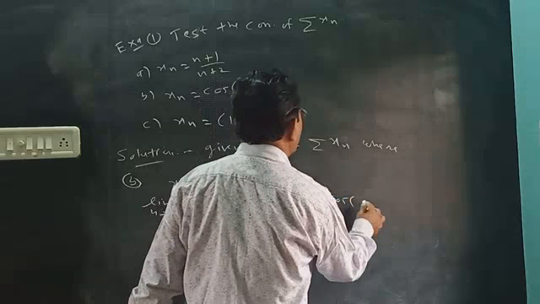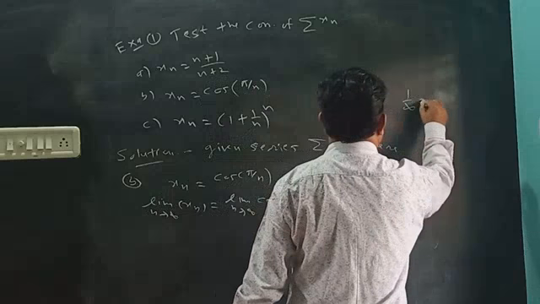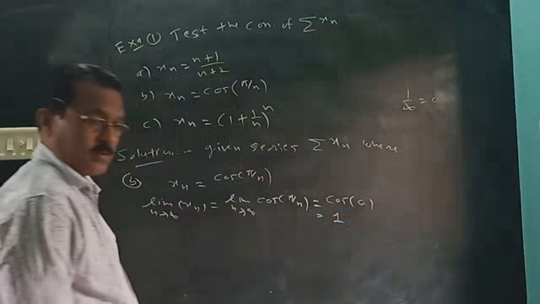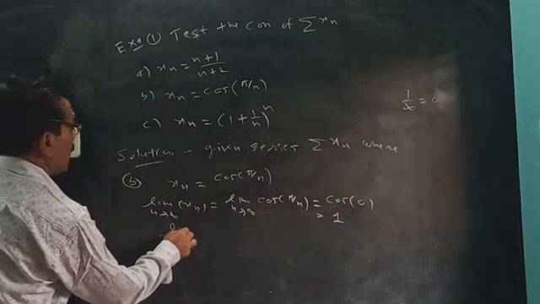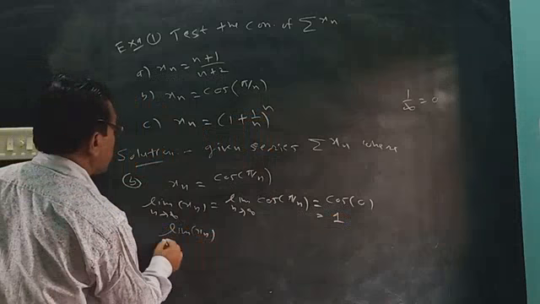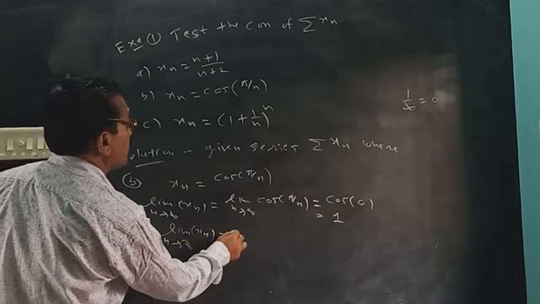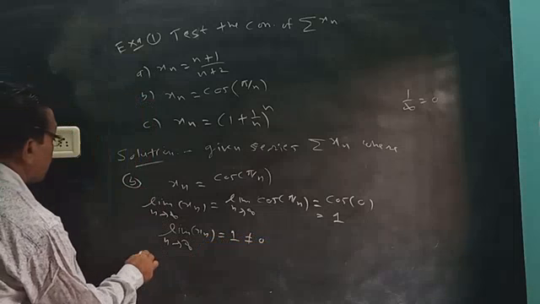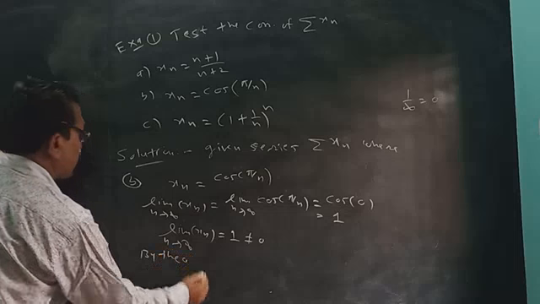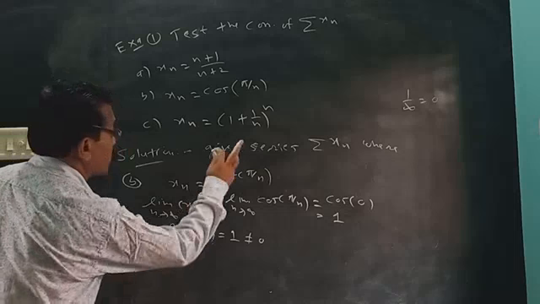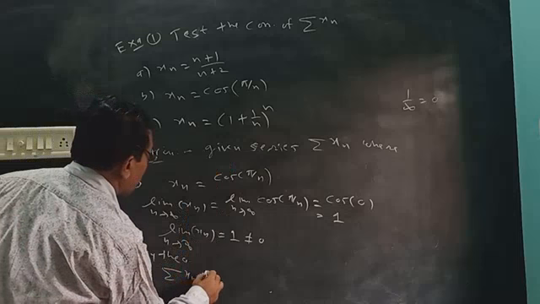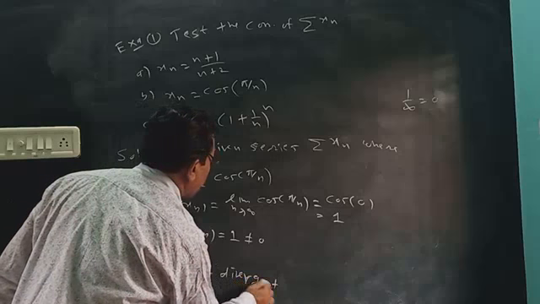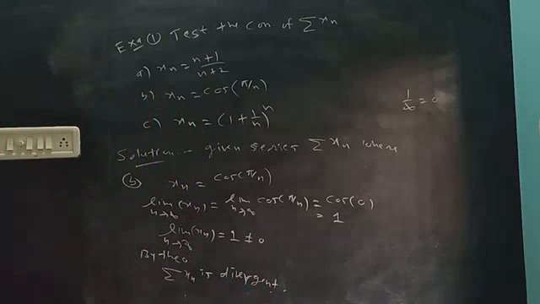Pi upon infinity, that is 1 upon infinity, is 0. Cos 0 is 1. So the limit of this xn will be 1, again not 0. Therefore, by the theorem, this given series summation xn is divergent. For convergence, the limit must be 0, otherwise not.